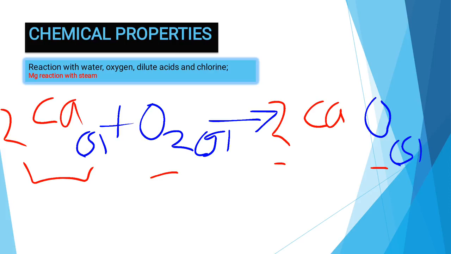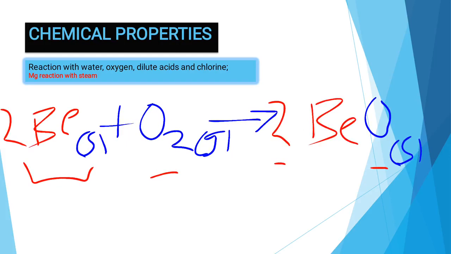The same will be for barium. You just replace calcium with barium, and the equation is automatically balanced because we are still working with elements in the same group.